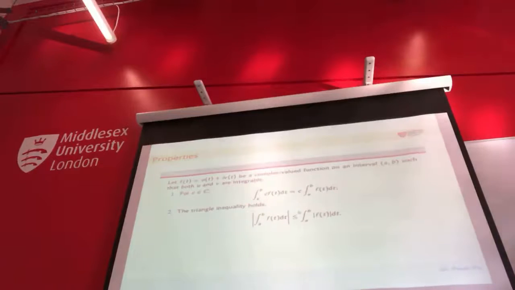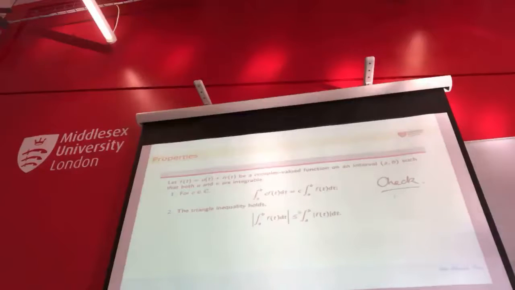I'm not going to do that, but you should check that. It's a matter of writing the complex number c as, I don't know, x plus iy, and expanding all of that and just making sure that the left-hand side is the right-hand side.